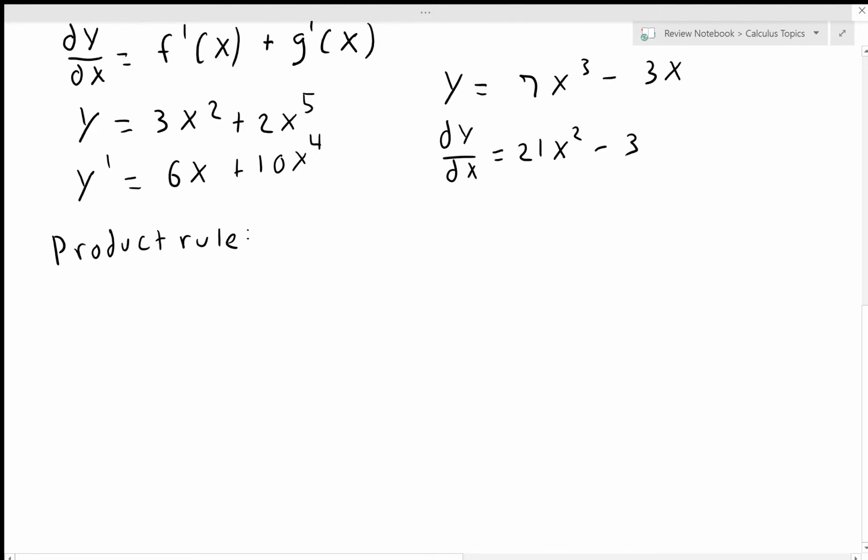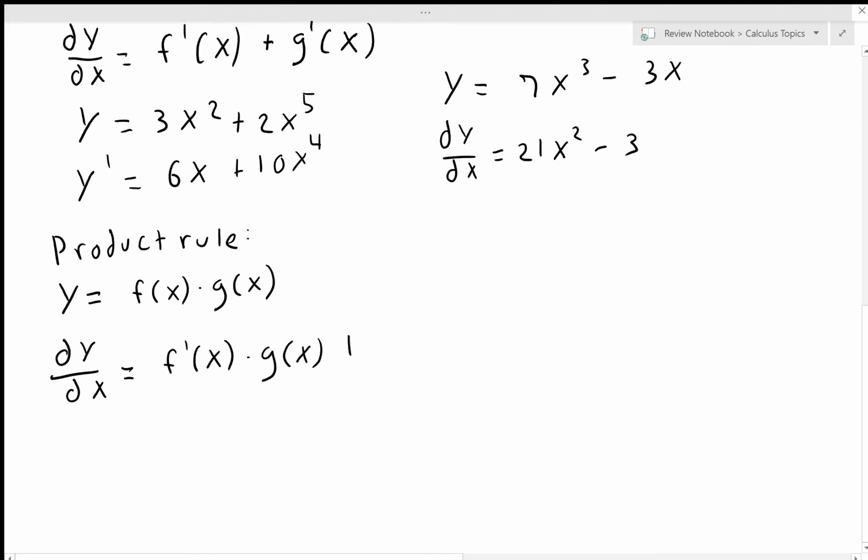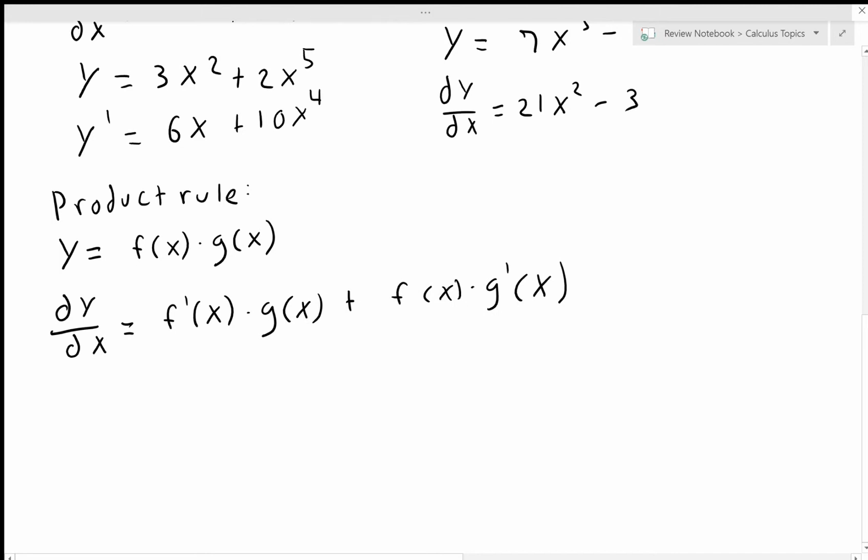Instead of addition, if I had my function y equals f of x times g of x, your derivative would be the derivative of the first function times the second, plus the first function times the derivative of the second. So we can use this. This would be the product rule.